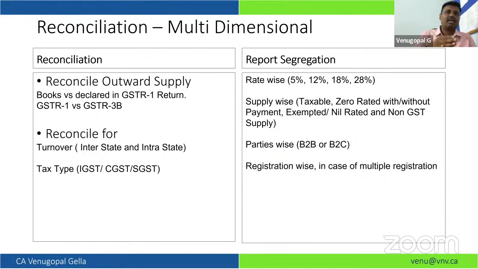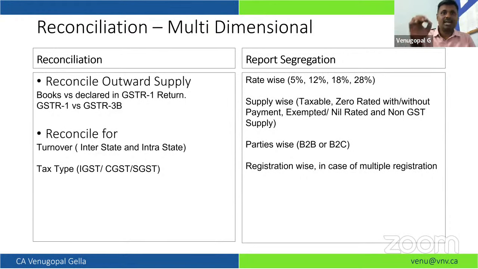Reconcile your R1 with books, R1 with 3B. This turnover between interstate and intrastate, tax, IGST, CGST, SGST, rate wise, party wise, how much is B2B, B2C, export, everything. All these segregations that you need to do.